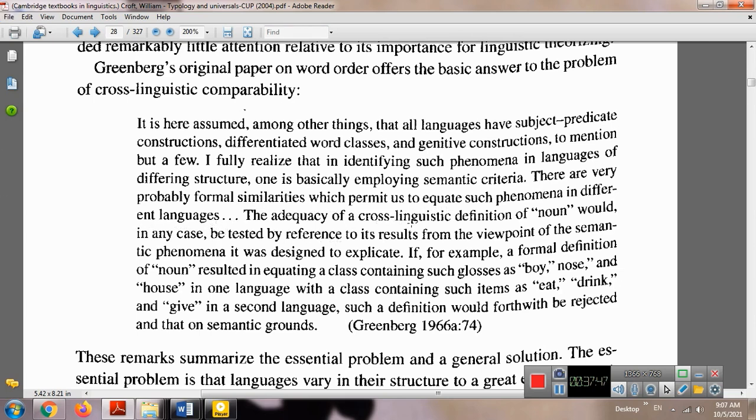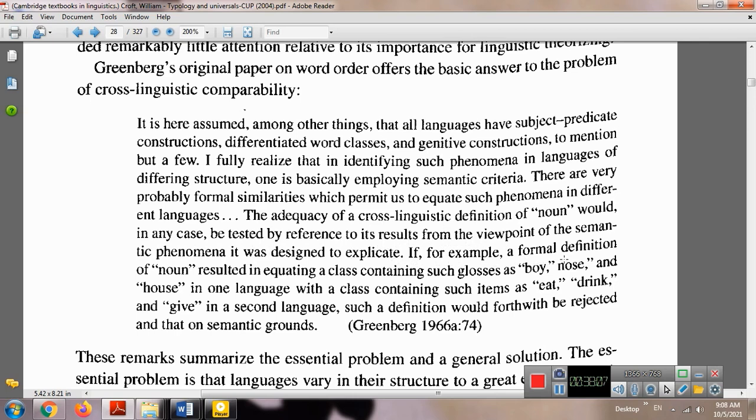The adequacy of a cross-linguistic definition of noun would, in any case, be tested by reference to its results from the viewpoint of the semantic phenomena it was designed to explicate.